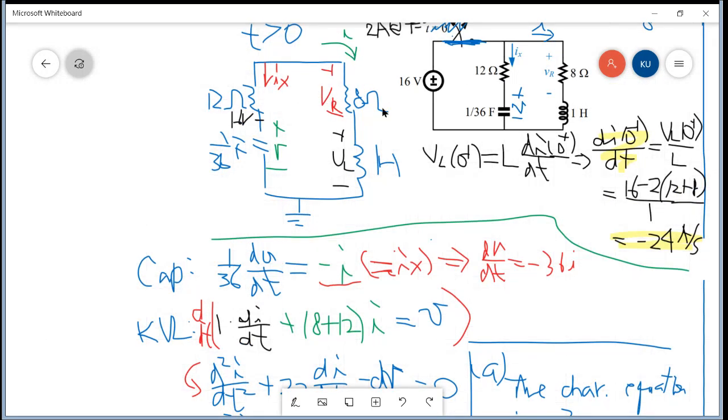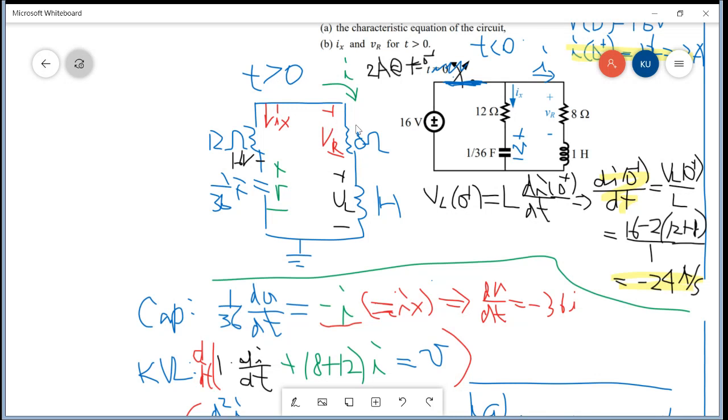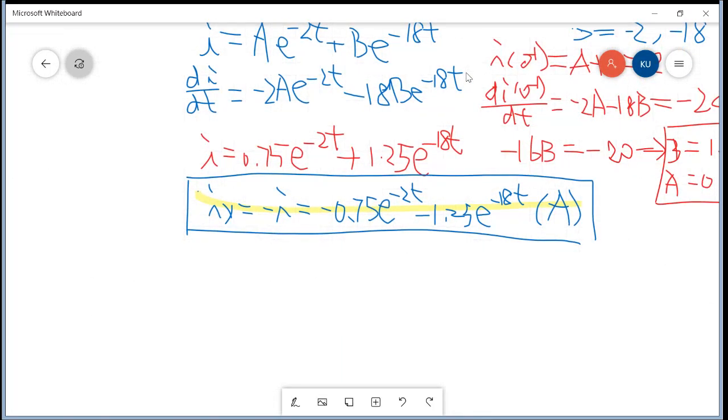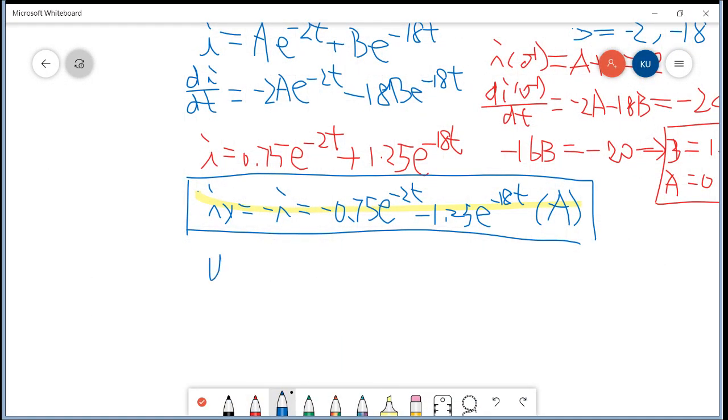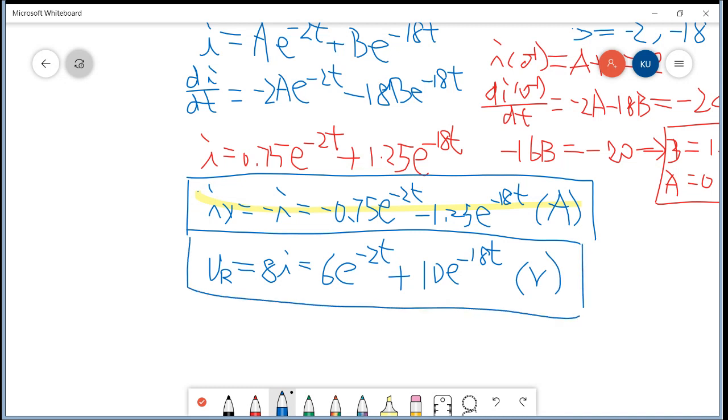Vr is very simple. This is a resistor, so it is nothing but 8I. So it will be 6 exponential to minus 2t plus 10 exponential to minus 18t volt. Okay, so this is the second answer for part B.